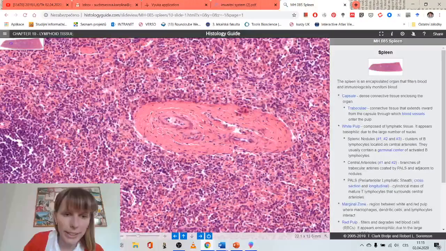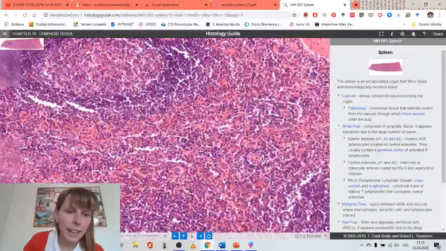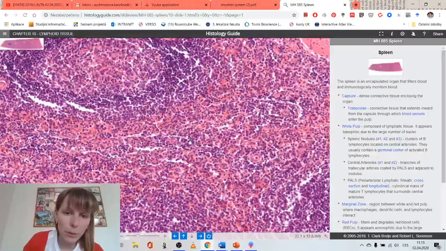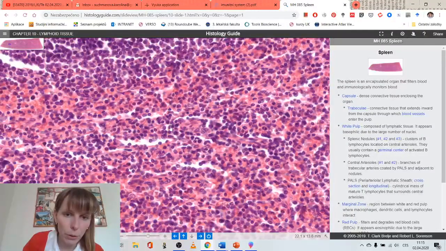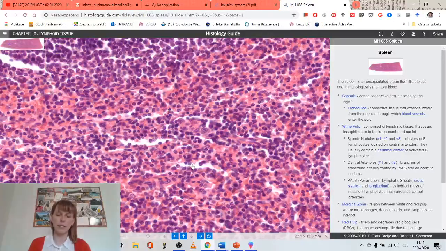So that's quite easy. And inside the red pulp, so that would be here between one lymphatic follicle and the second one, you would have the cords of Billroth. These are the cords of the cells. This is one cord. It's quite messy, but the empty spaces are the sinuses.